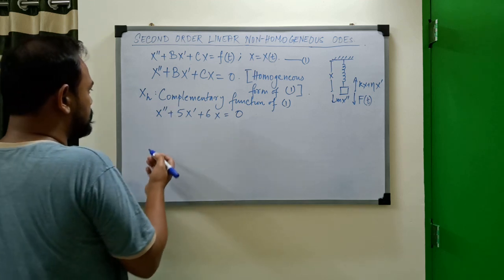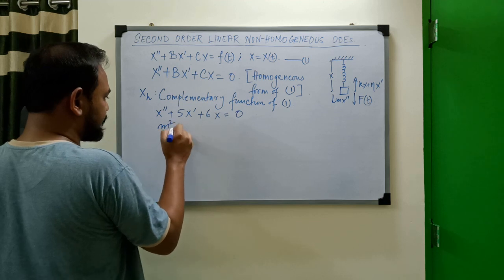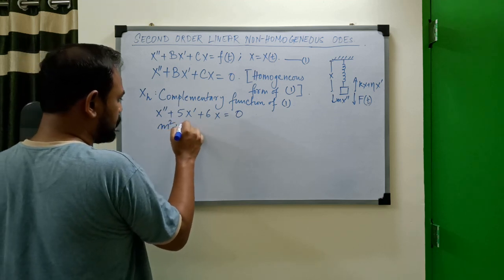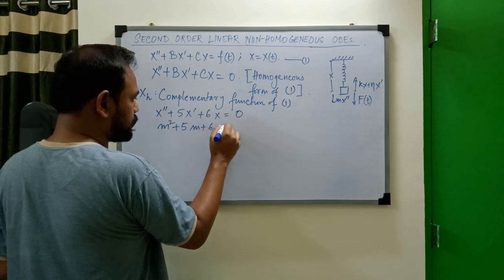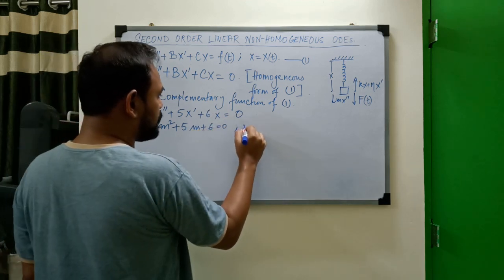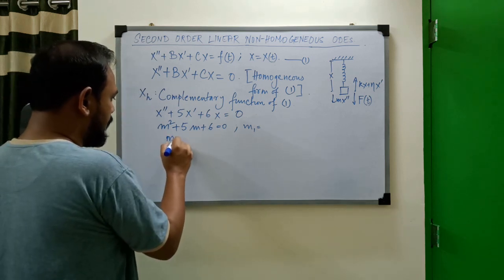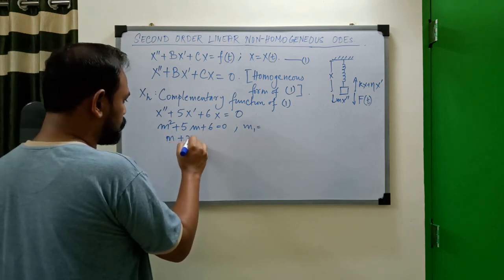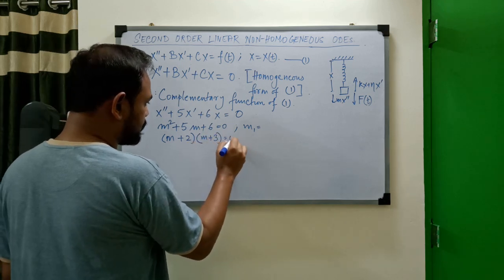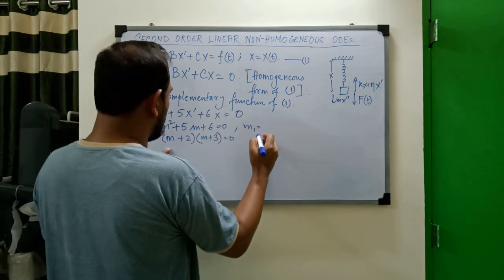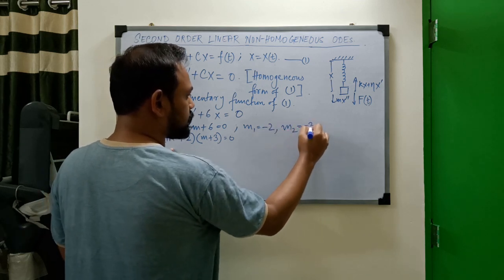How did we find that out? This was the auxiliary equation, m squared plus 5m plus 6 equals 0. So the two values of m would be, as it's very easy, this is (m plus 2)(m plus 3). This does it, this factorization. So m1 is, say, minus 2 and m2 is minus 3.